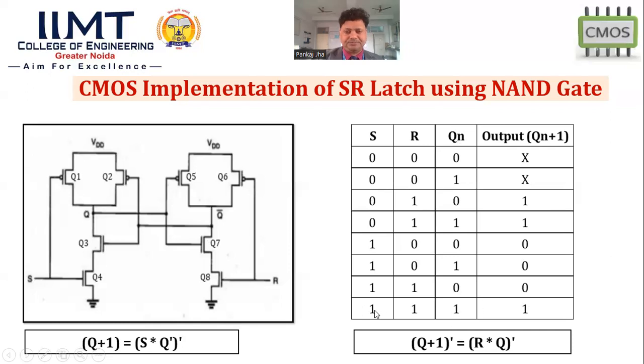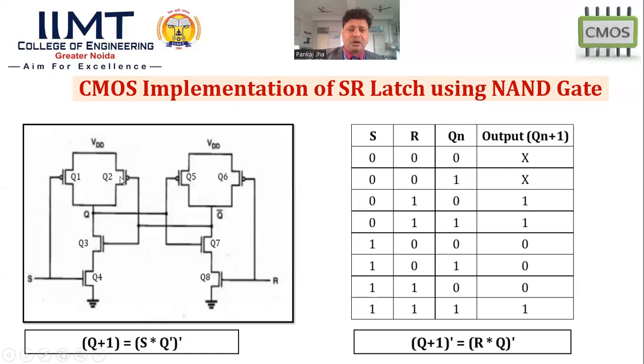Okay, let's do one more example. Suppose this is the condition: all the inputs are 1. S is 1, R is 1, and Qn is 1. Here we have assumed that this is 1 and this is 1. So Q is 1, which means Q bar will be 0. This will make transistor Q3 get into cutoff mode, and this transistor is also in cutoff mode. That means Q will be 1.